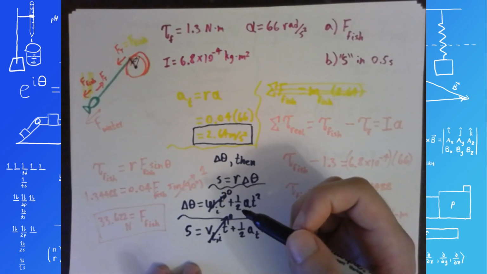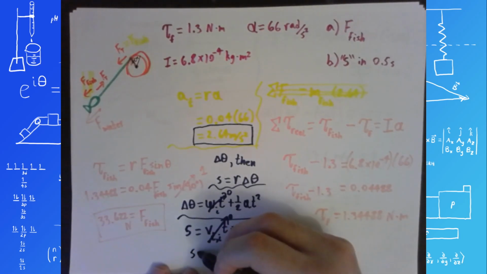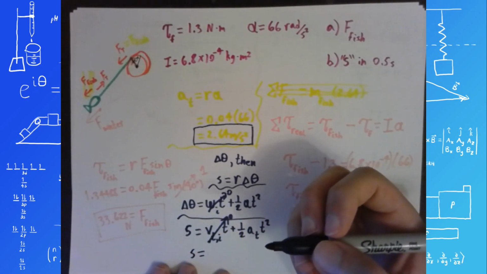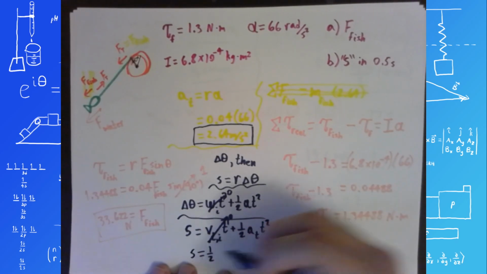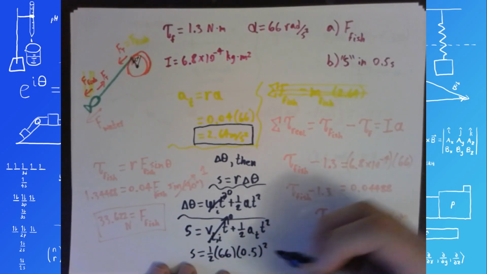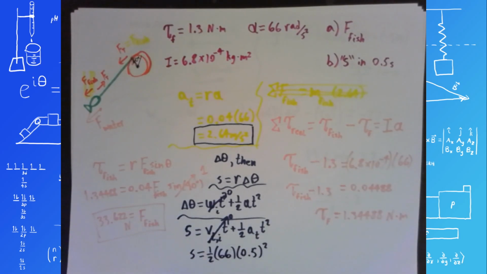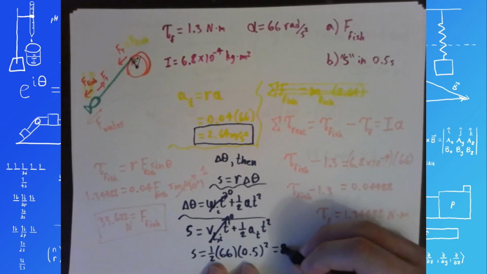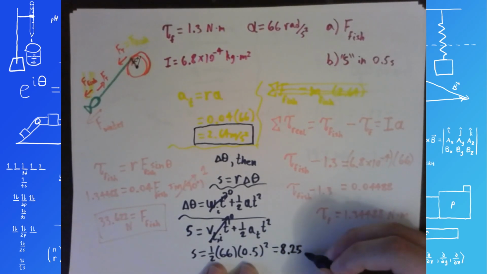Anyway, where was I? Right, so calculating the amount of line that has been pulled out, it would be 1/2 times 66 times 0.5 squared, which is, let's see, a half times 0.5 squared is 1/8, so 66/8 gives me 8.25 meters. 8.25 meters of fishing line.